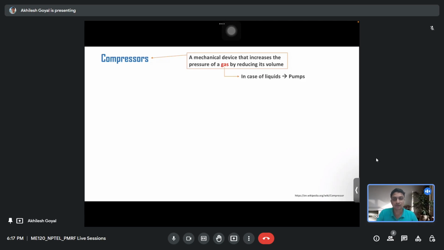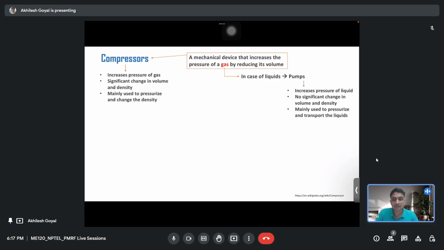So what happens in the case of liquids? For the same purpose, in the case of liquids, pumps are used. Pumps are basically used to increase the pressure of liquids, but there is no significant change in volume and density. So the basic difference between pumps and compressors is that pumps are used for liquids.